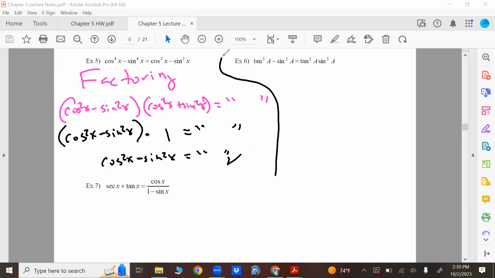Okay. Go and try examples 6 and 7 in your table groups. You know what I would do for probably example 6? That's a little tricky. Maybe start at the right side.